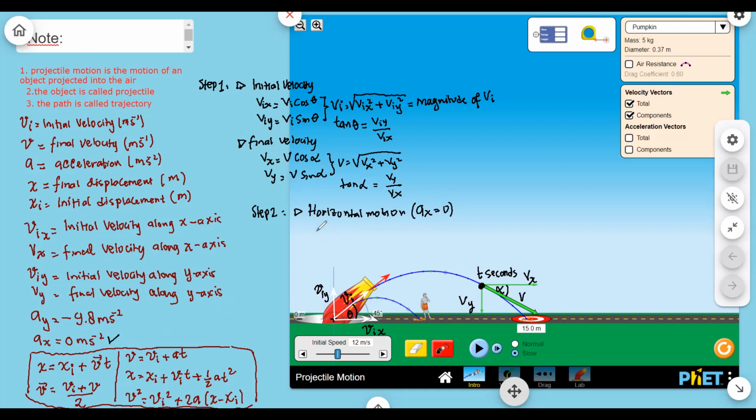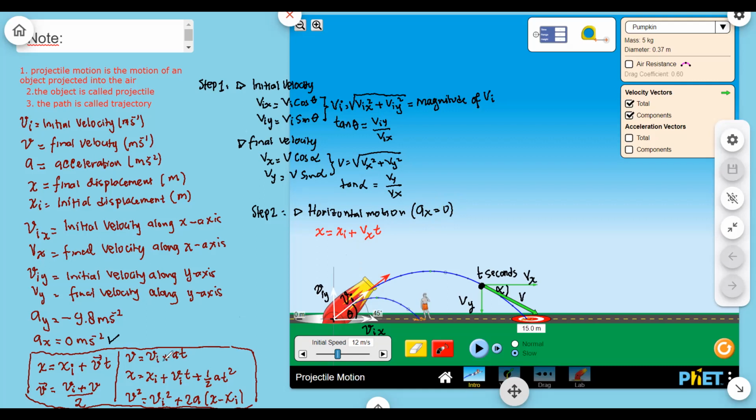So we can use the kinematic equations. Then x equals xi plus Vx t. And we know on the horizontal motion there is no acceleration here.